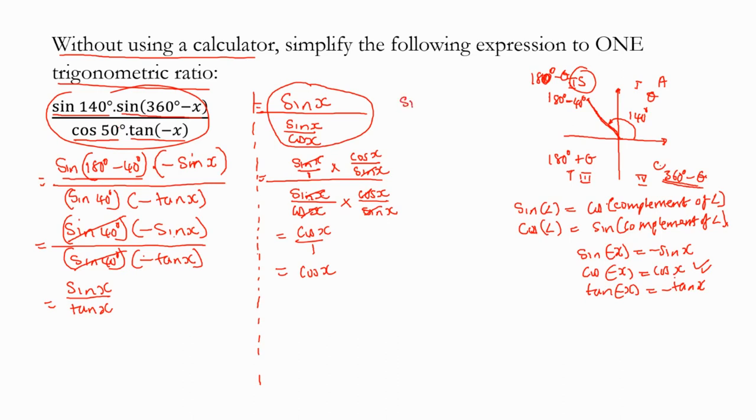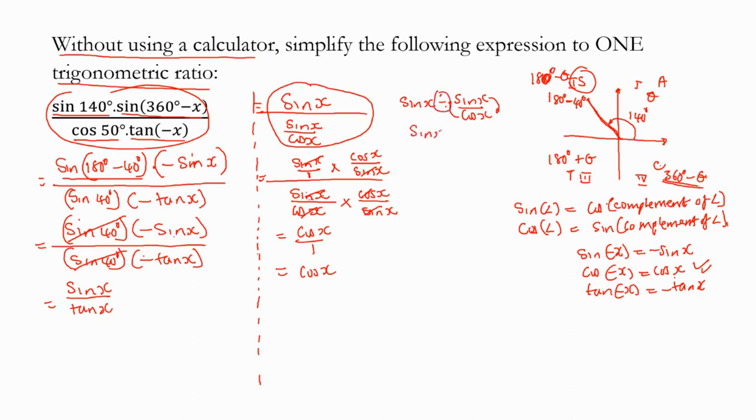Right, and then here also, let me just do it by the side. You can say this is sine x divided by sine x over cos x. Remember when you divide by a fraction, you tip and times. This one goes down, this one goes up, and then you change this to multiplication.